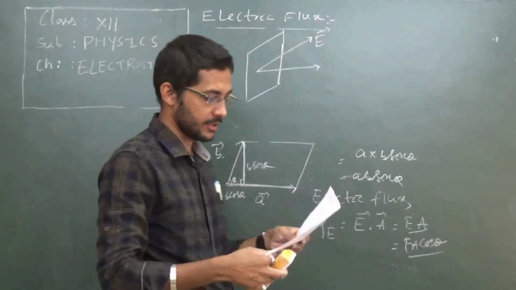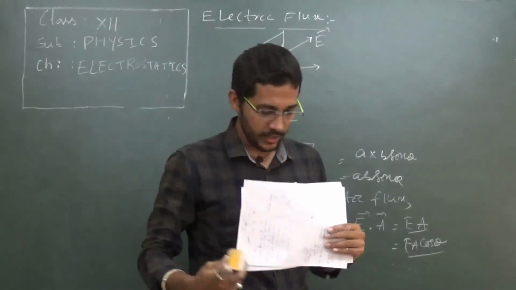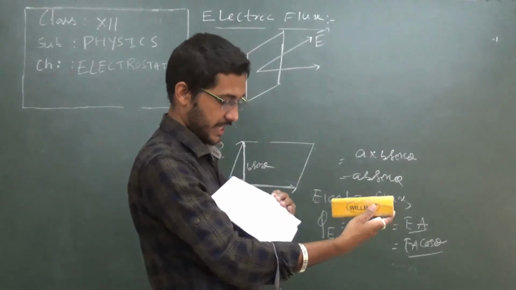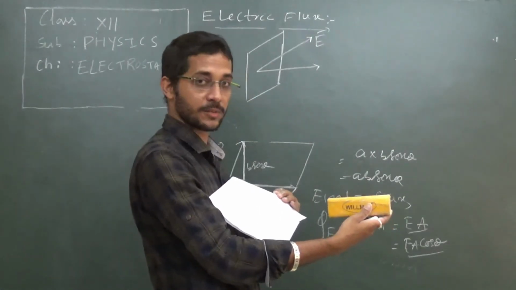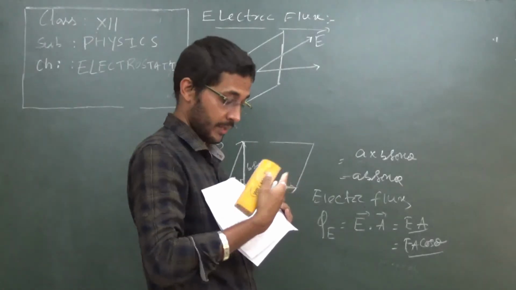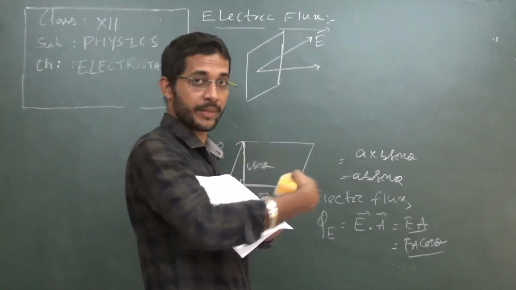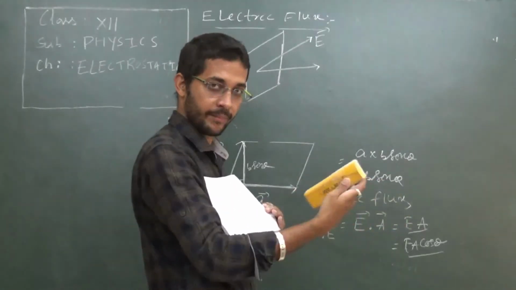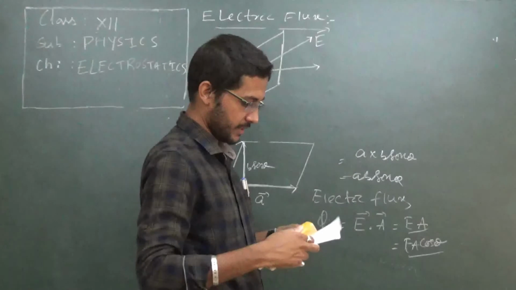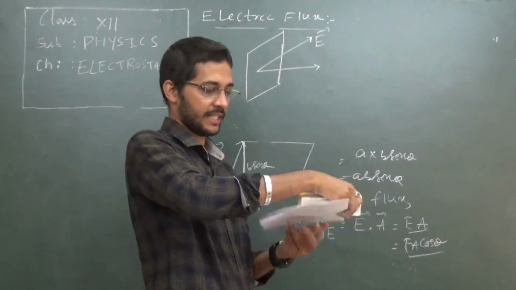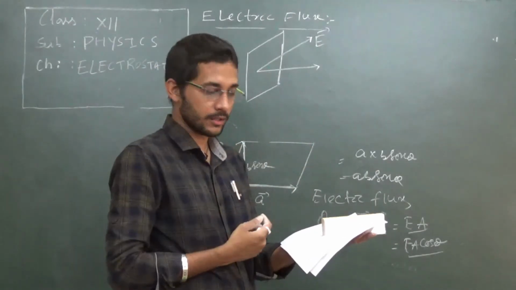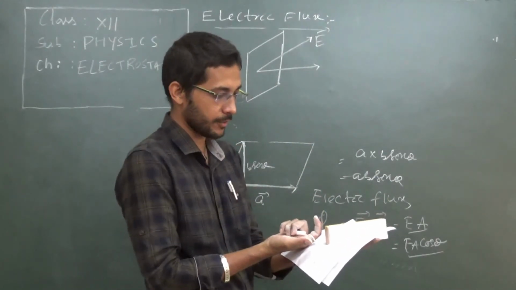For example, this is a particular paper. If the electric field is going like this, and the structure is placed inclined like this, then the area vector will represent the direction in which the surface is facing. So this is the electric field and this is the direction of the surface. Or else, let the electric field be like this and the area is facing upward. Got this one? So the area vector is always found to be like this.